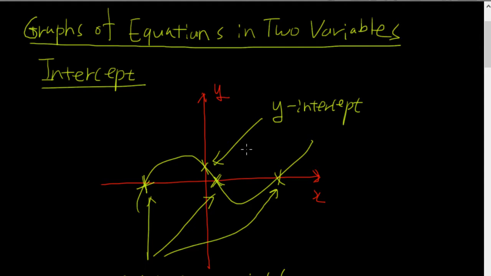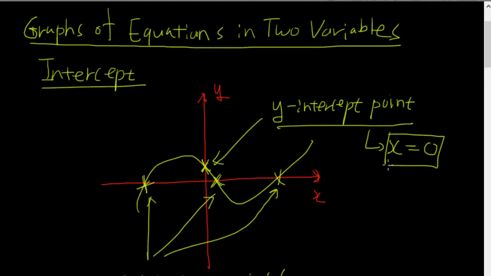Let's talk about basic characteristics of the x-intercept and y-intercept points. For the y-intercept, what should be the x value? Well, it's on the y-axis, so the x value of any one of those points on the y-axis must be equal to 0.